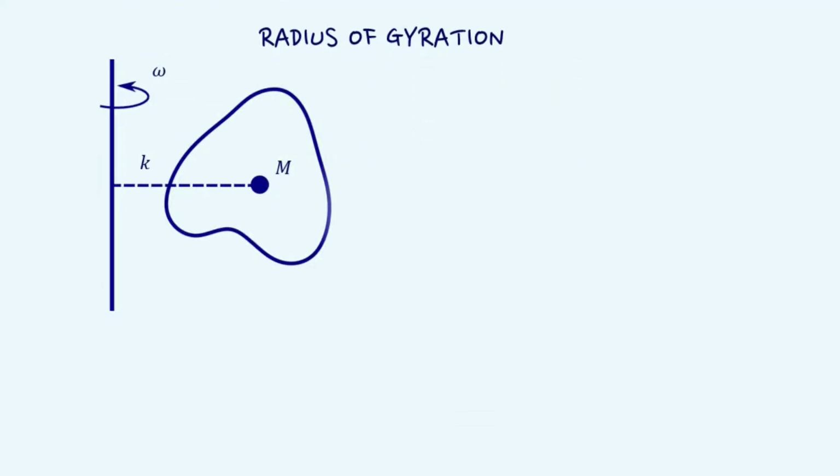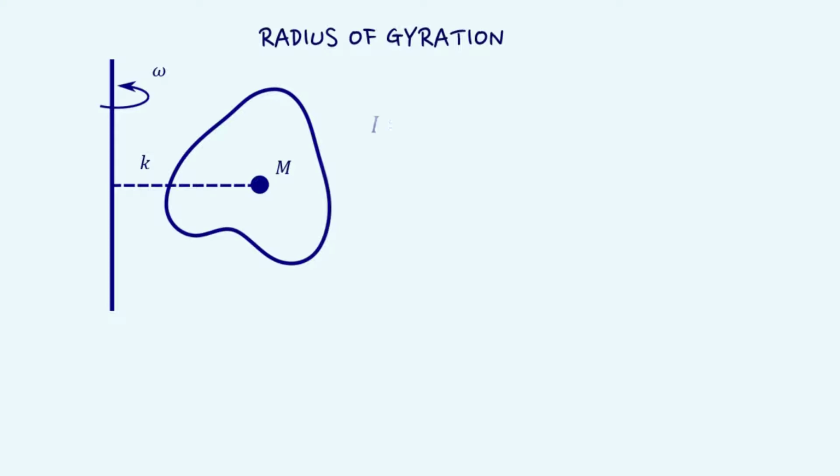Now, let us introduce radius of gyration. Suppose an object of mass m is rotating about an axis with angular velocity omega. Now, if we can fix a distance from the axis at which, if the whole mass of the object can be concentrated, the moment of inertia would be the same as with the object, then that particular distance is termed as the radius of gyration.